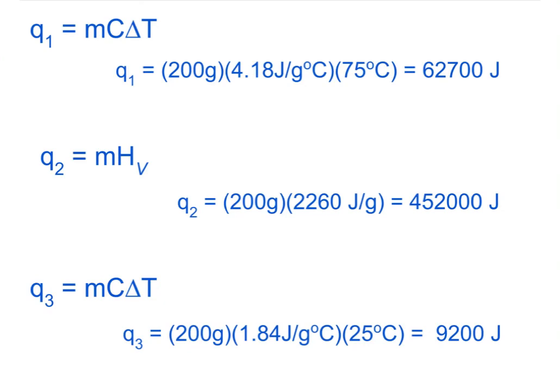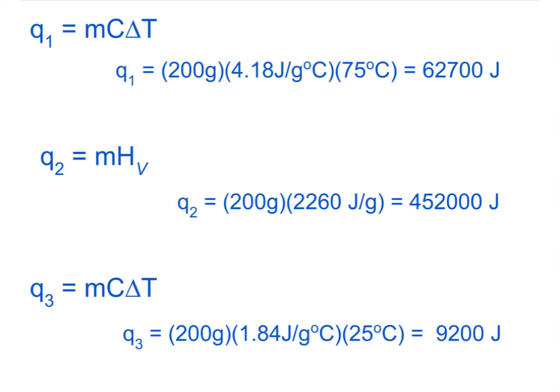Here are our calculations. So here's the first one, warming up of water from 25 to 100 degrees. Mass times specific heat capacity of liquid water times the change in temperature, 75 degrees Celsius. Then the calculation of how much energy went into boiling 200 grams of water. So here is 200 grams multiplied by heat of vaporization. And then the calculation of how much energy it takes to warm up gaseous water vapor from 100 degrees to 125.